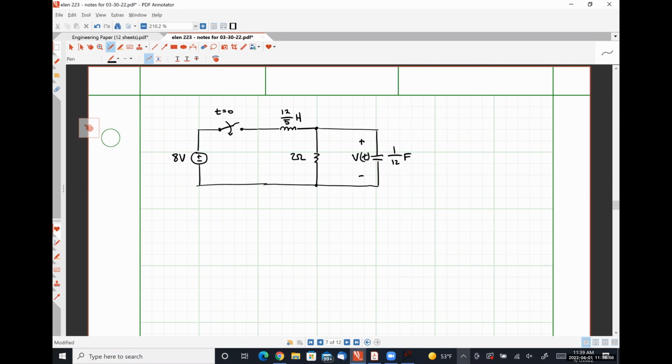And the current through my resistor. Now, the reason that I'm choosing to look at the current through my resistor is because I want to talk to you guys briefly about this.